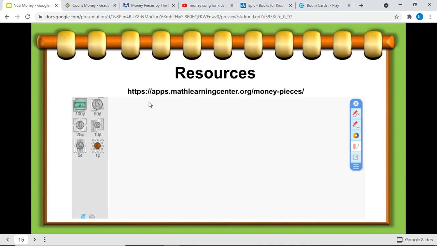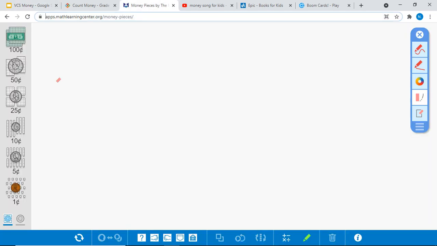Another great resource is appsmathlearningcenter.org. And then you would search for money and then go to pieces. And here, let's take a look at the site. It has money manipulatives that you can use to enhance your lesson. So say you want to ask a student to show you 5 cents.